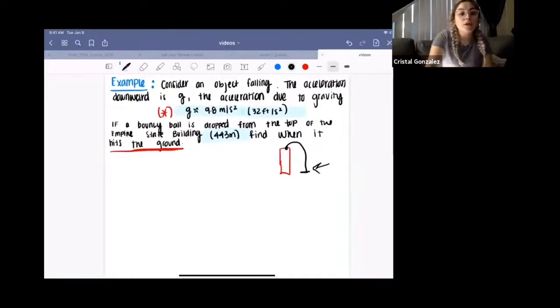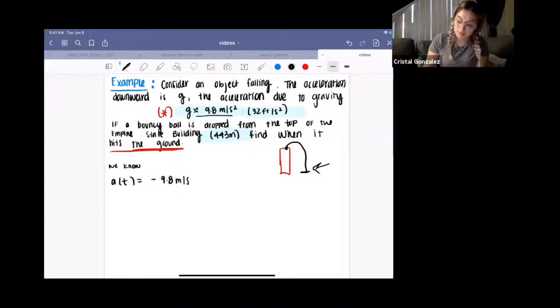So let's see what we know. We know that our acceleration is due to our gravity here. A of t, always a good habit to write down everything you know about the problem, especially for these problems. We know that A of t is equal to 9.8 meters per second squared.